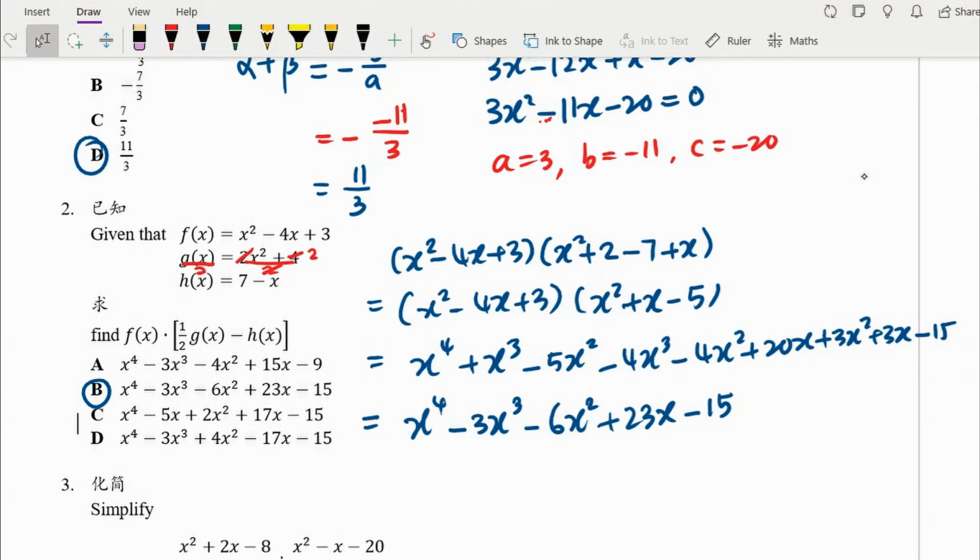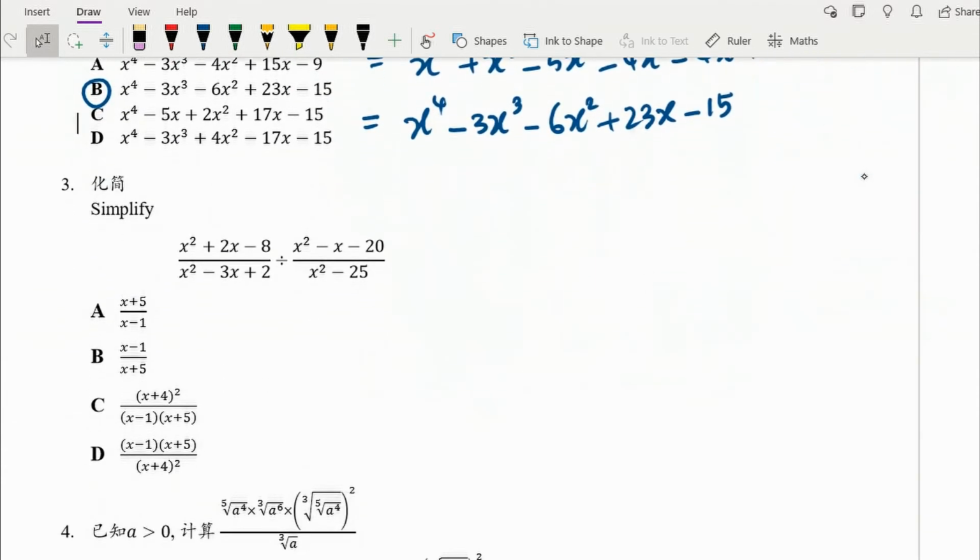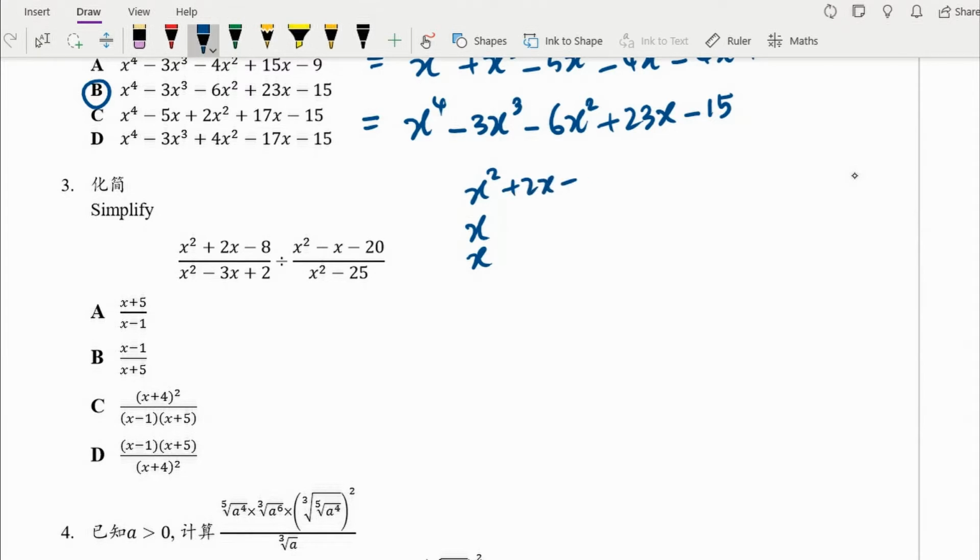Okay. Then we go for the third question. Yeah, this is actually your Form 3 math. Just that you need to factor out some of the terms. So we are trying to factorize x squared plus 2x minus 8. x times x, you get an x squared. Maybe I should write here, plus 2x minus 8.